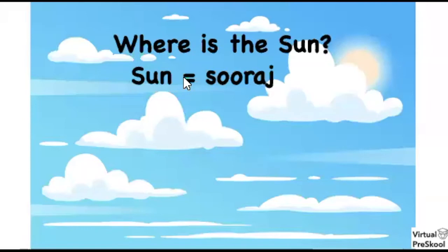All right, next one. Where is the sun? What's the subject? It's sun, right? Sun is the subject of the sentence. So what's the Hindi sentence? Sun kahaan hai? Now let's replace the word sun with the Hindi word, which is suraj.